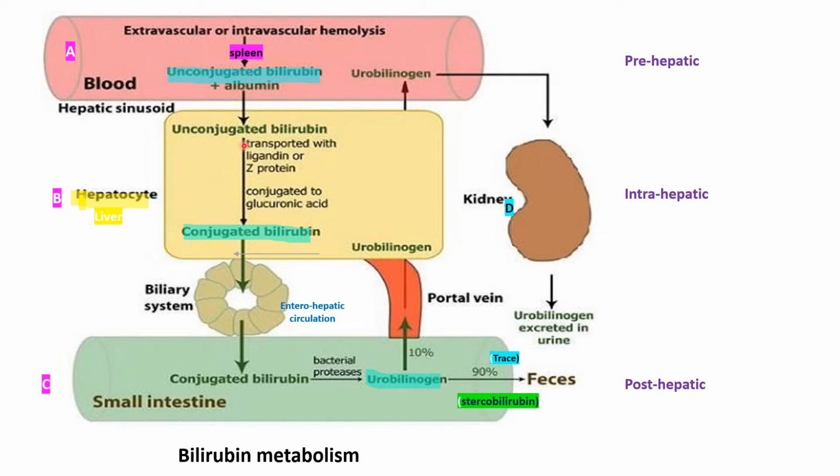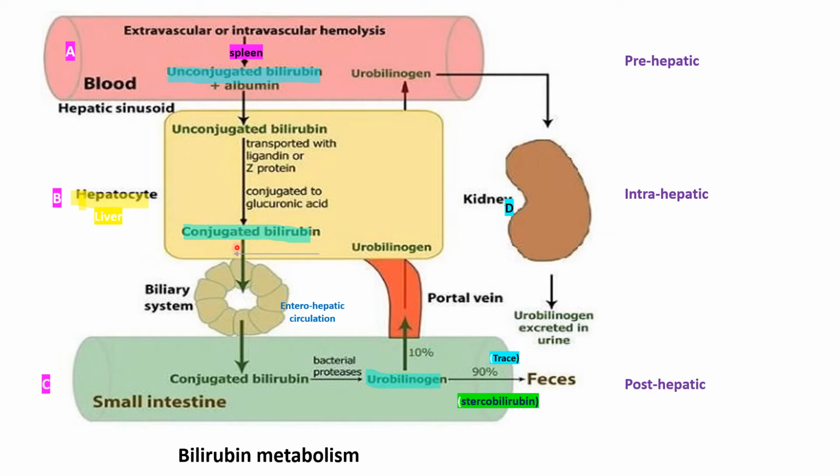In the liver, within the hepatocytes, a series of chemical reactions take place, whereby the unconjugated bilirubin becomes conjugated with glucuronic acid to form conjugated bilirubin, which is water soluble and easily carried around.